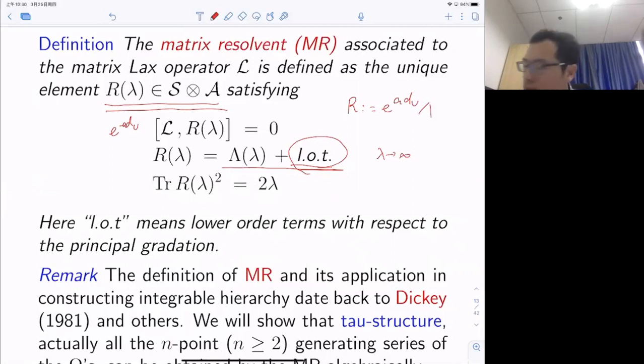And because the degree of u is smaller than 0, you can prove that it satisfies the initial condition as lambda goes to infinity.